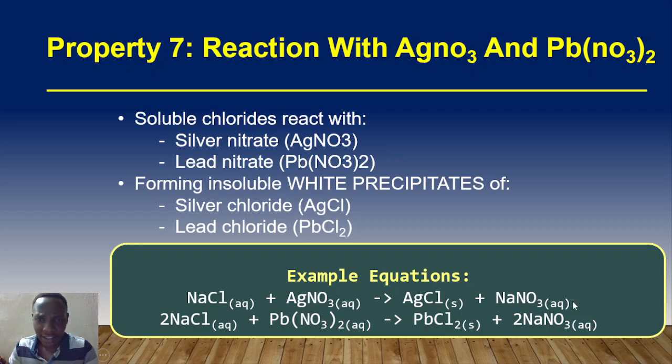That's the formation of a white precipitate, silver chloride. In the other example, sodium chloride plus lead nitrate leads to lead chloride plus sodium nitrate. The lead chloride here is the white precipitate liberated from this reaction.